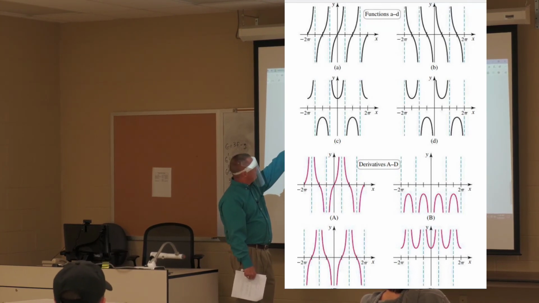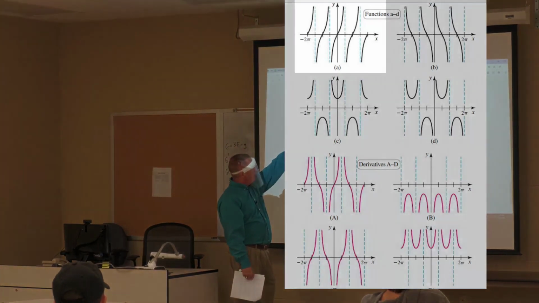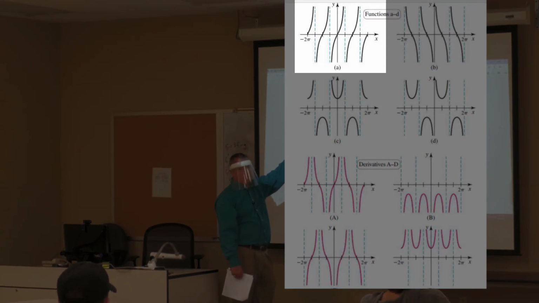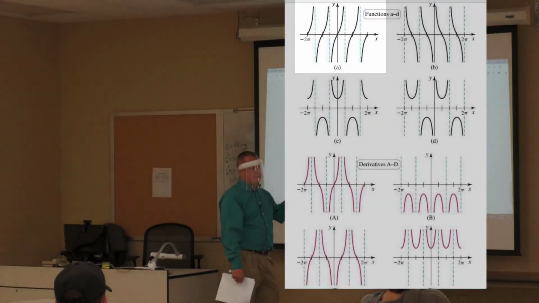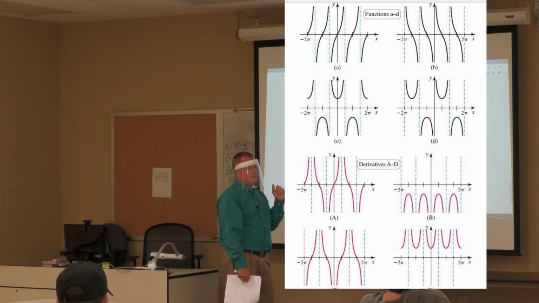So if we want to take each of those and figure out which of these matches it, look at the first one. Pretend this is a quiz. What is that the graph of? That's the graph of tangent. What is the derivative of tangent? Secant squared.